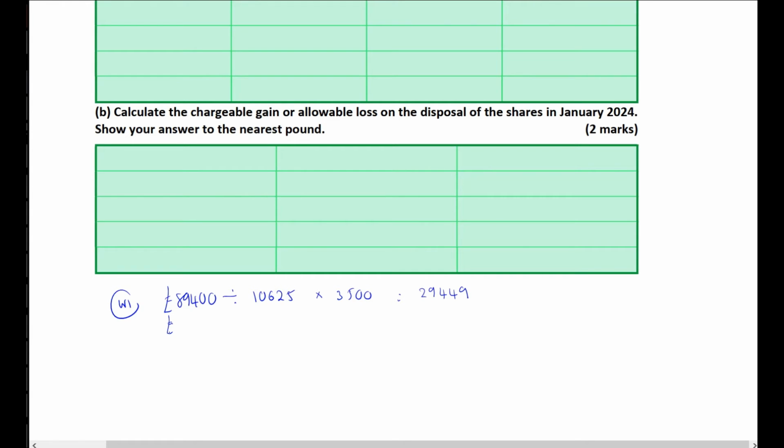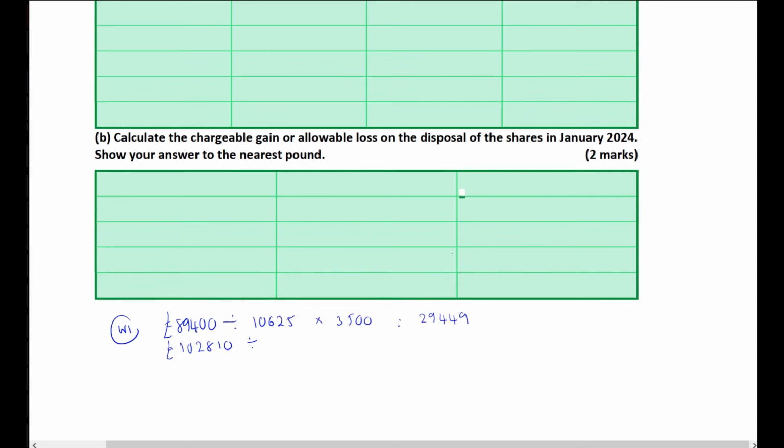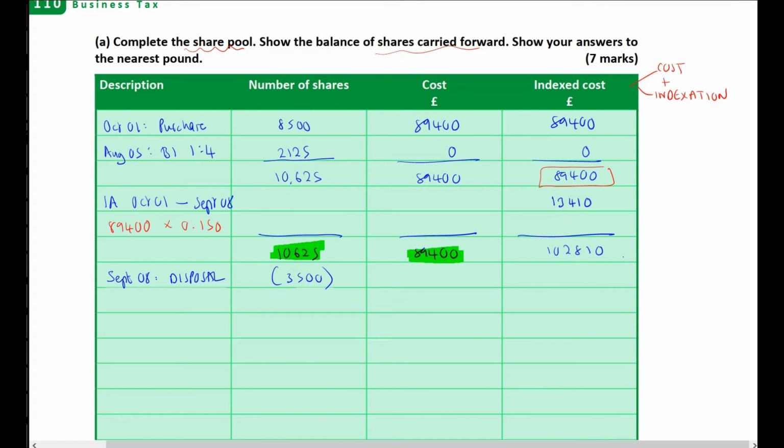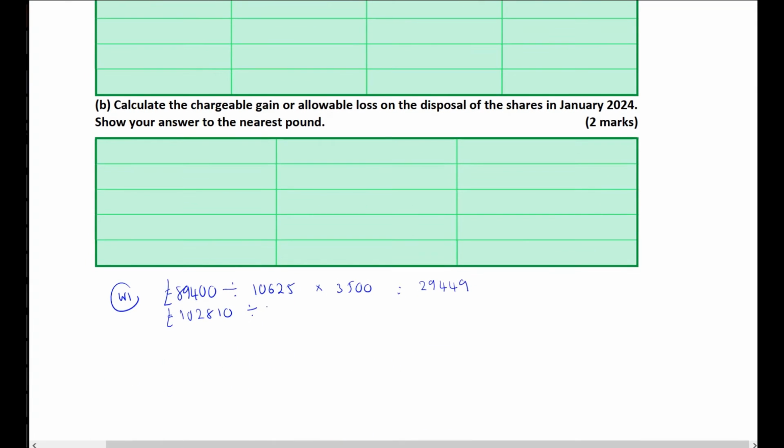Remember though, we've also got to deal with the indexed cost column. So very similar idea. You take the balance from the indexed cost column, you divide it by the number of shares that it relates to, and you multiply it by the number of shares that have now been disposed of. So it's just about proportions.